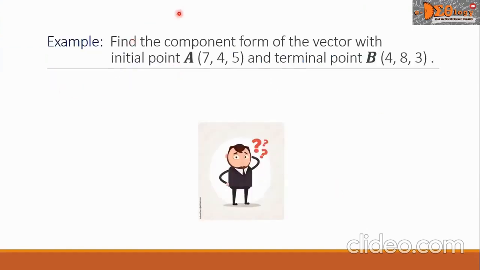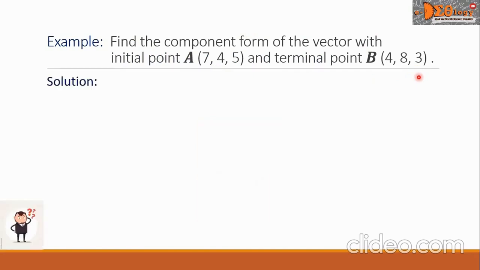This formula is also called the component form of the vector AB. Example, find the component form of the vector with initial point A (7, 4, 5) and terminal point B (4, 8, 3). This is our formula. Then let us substitute the corresponding values.